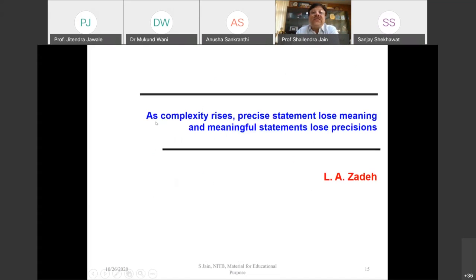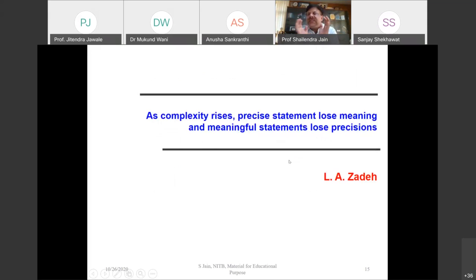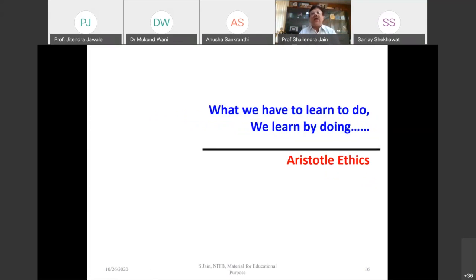So what Professor Zadeh said is, as complexity rises, precise statements lose meaning and meaningful statements lose precision. There is a meaning here, but there is no precision. So this is the key of fuzzy. Do you really need a complex precision? If not, then take the decision accordingly.